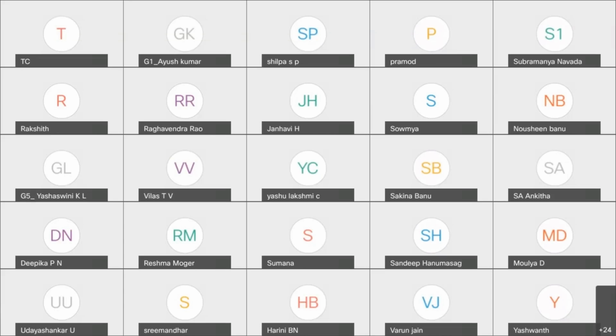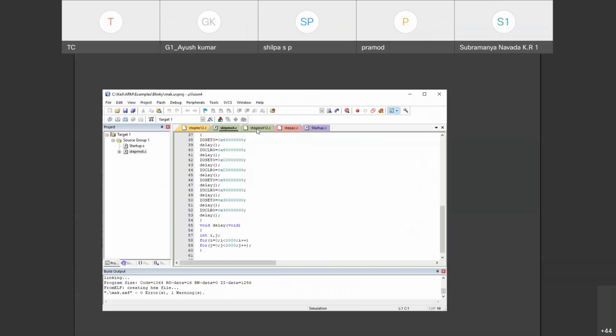So I can write step mode I have written here. Second thing, I wanted to rotate the motor many times. So what I will do, I can put a for loop.